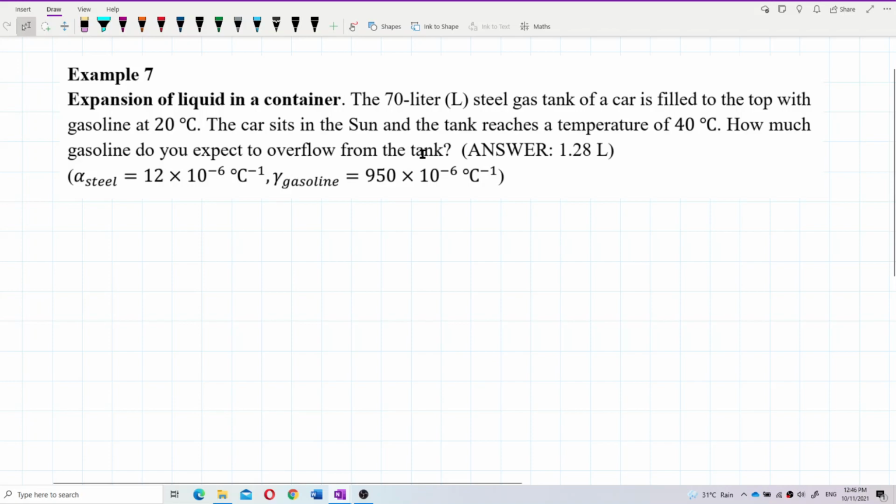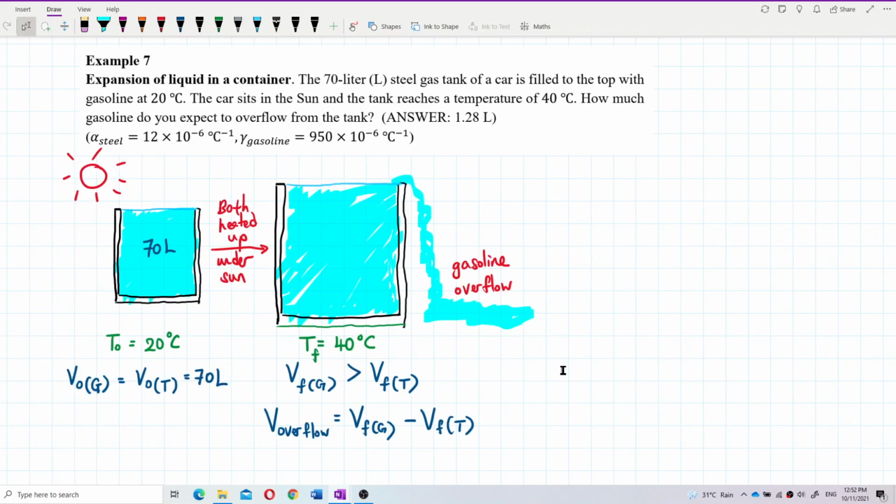Okay, maybe I can draw a picture for you. Okay, I've drawn the picture for you. This is the tank and this is the gasoline.